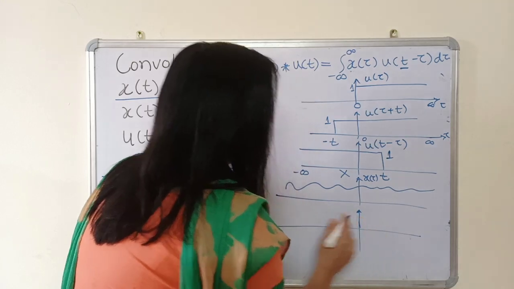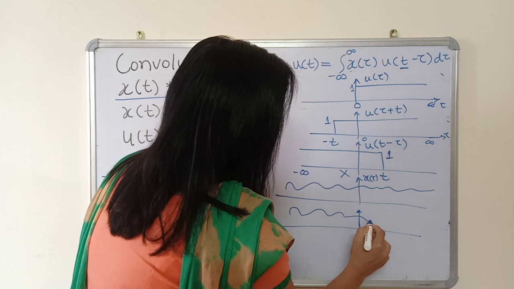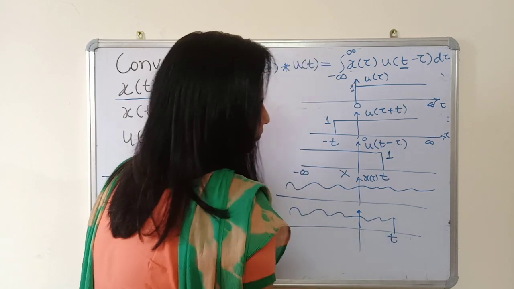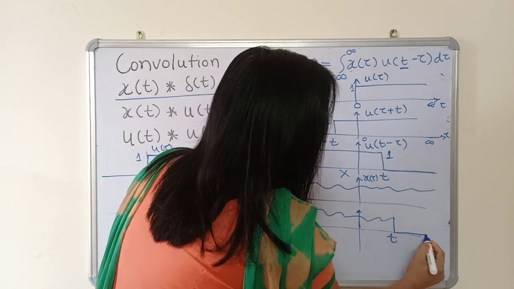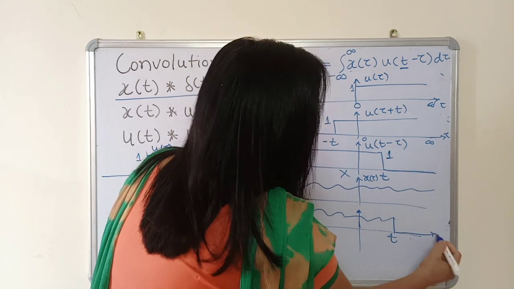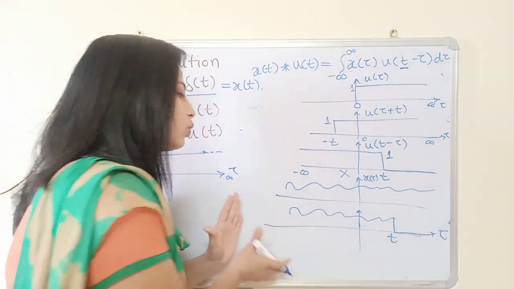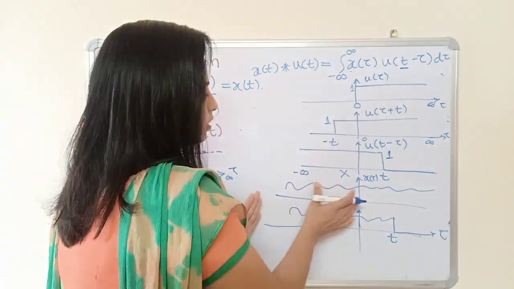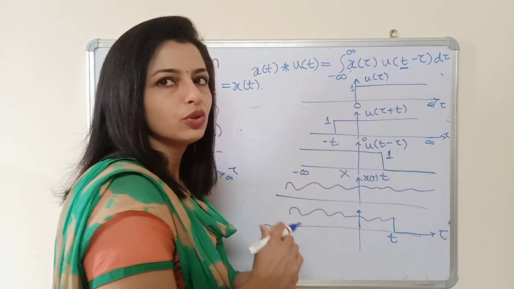We are going to get the same amplitudes like this, again up to the point t, and after that this is 0. So this signal is also going to be 0. Okay, this is tau, and the signal will be present only up to the point t, because this u of t minus tau signal is starting from minus infinity to t.